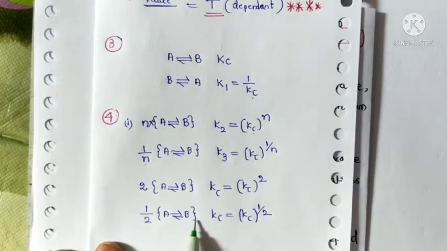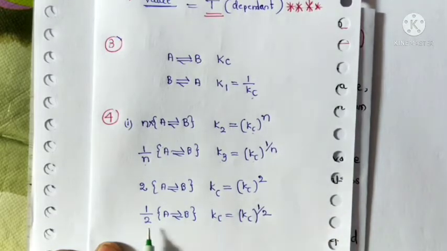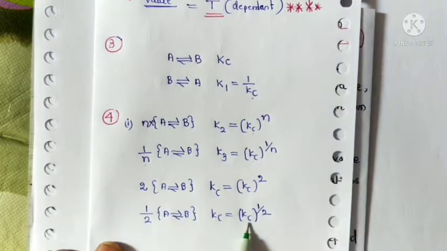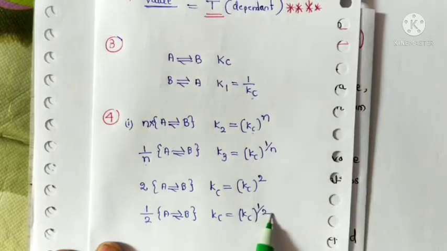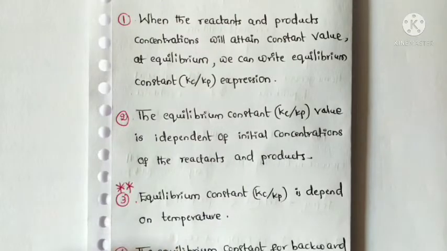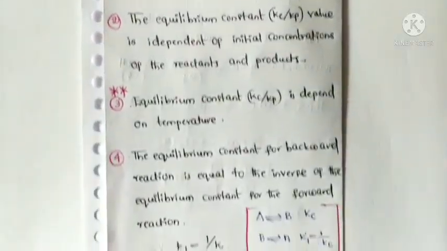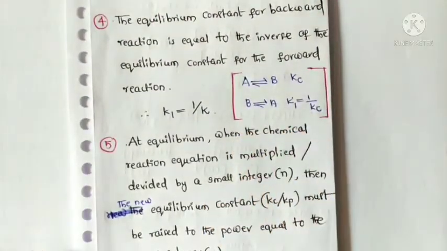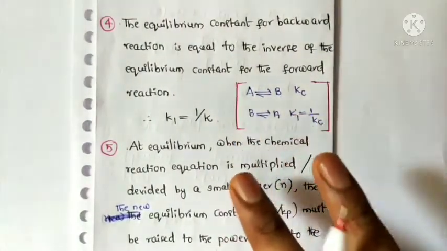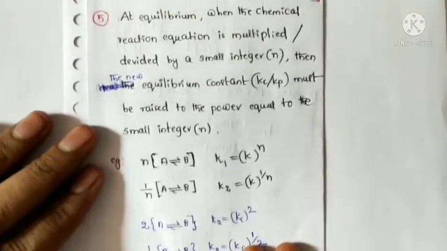If the reaction is divided by 2, then the new equilibrium constant is exactly equal to the equilibrium constant for the forward reaction to the power of half. Take a screenshot: first point, second point, third point, fourth point and fifth point, and the examples.